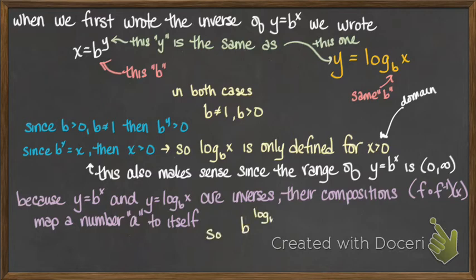So that means that b to the log base b of a would also be equal to a, because a would be the input into the log and then the output after the exponential for any a greater than 0. And the log base b of b to the a would be equal to a, where a is the input value into the exponential and then ultimately the output value for the log.